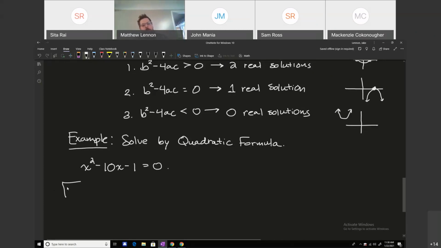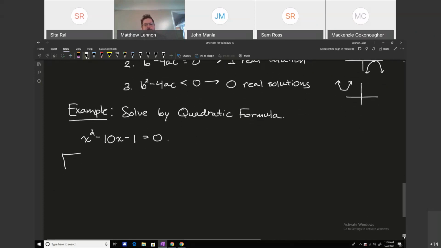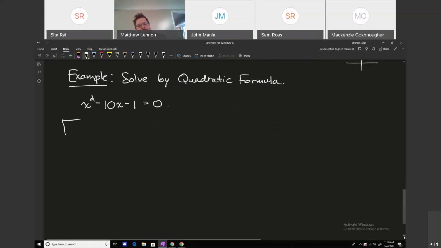Notice everything's on the one side, the left-hand side, and you have 0 on the other side of the equation. So what I'm going to do is identify the 3 coefficients, a, b, and c. So in this case, a is equal to 1, b is equal to minus 10, and c is equal to minus 1.